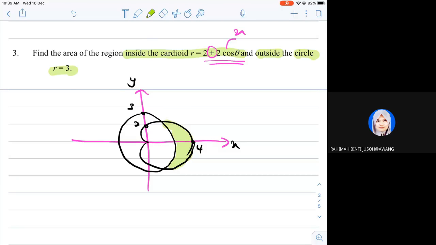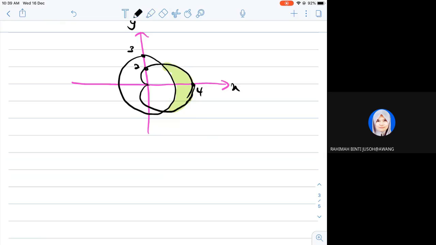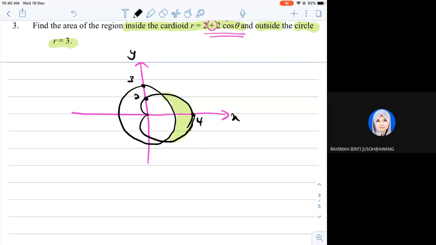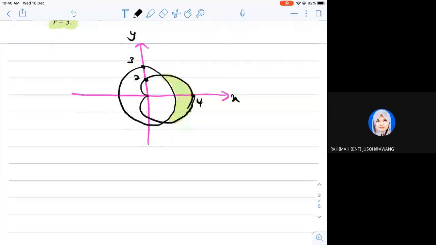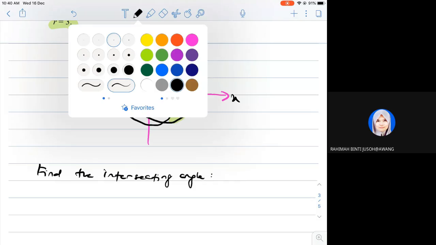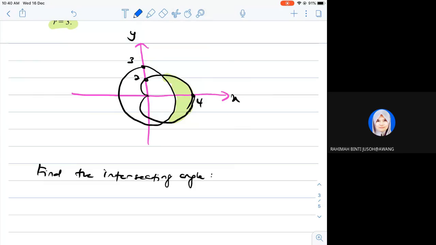Okay. So now we need to calculate this region area. Before that you have to find the intersecting angle. The intersecting angle should be from this to this.